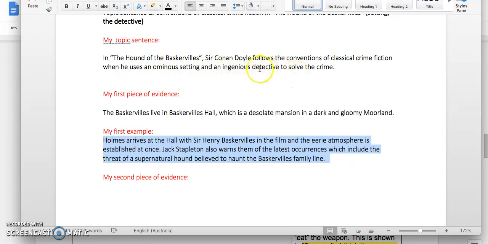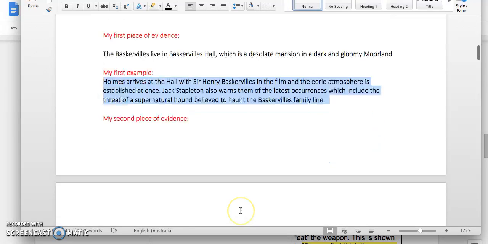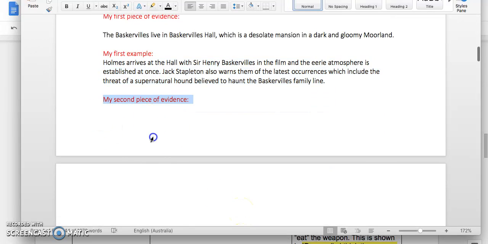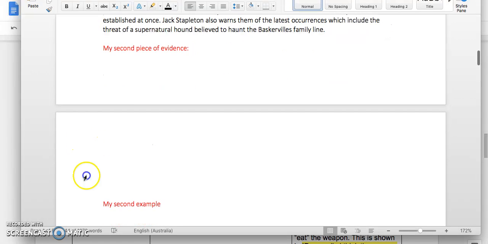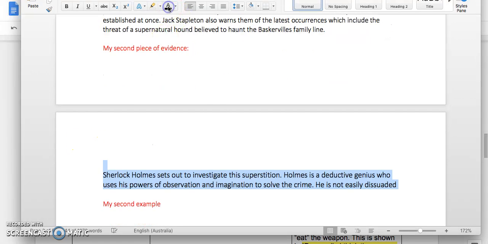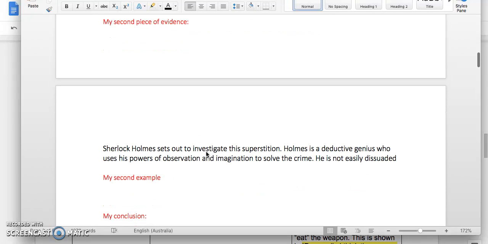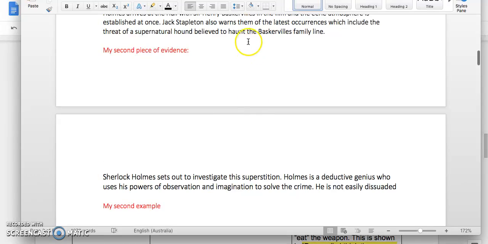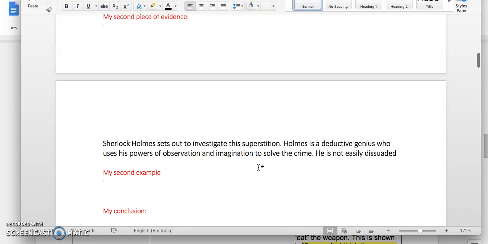Now, my next point will be, I want to talk about my detective. So what's my second piece of evidence? It says Sherlock Holmes sets out to investigate this superstition. So I said that because I want to have that very seamless link between what I've just said and moving on to my next point.